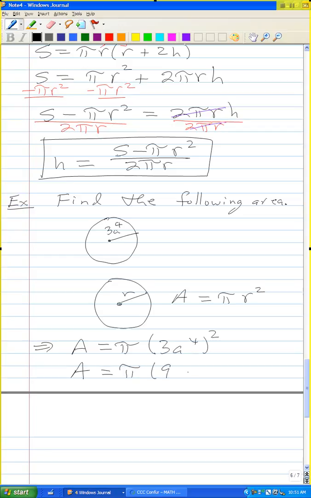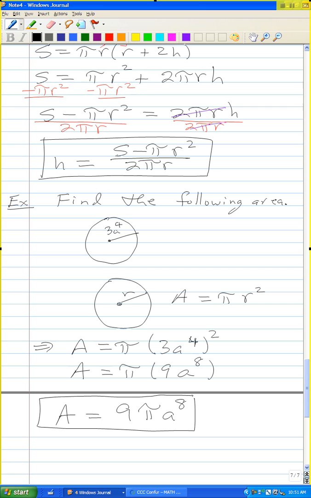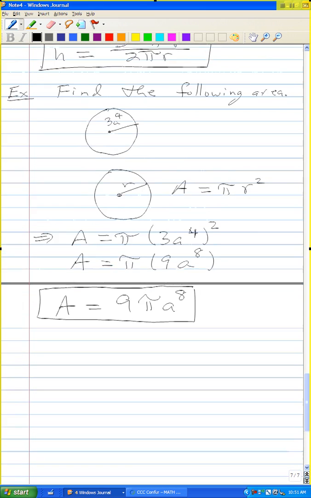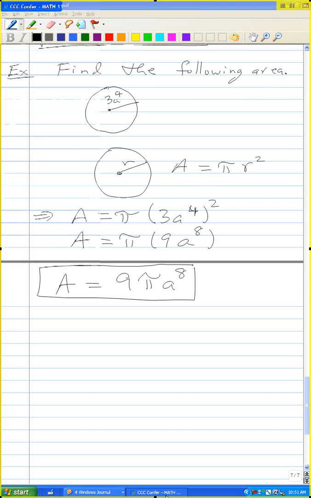A to the fourth squared, well, 4 times 2 is 8. Therefore, the area is 9 pi a to the 8. And that is your answer.